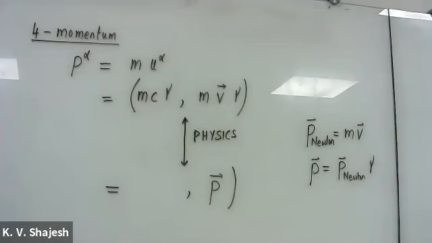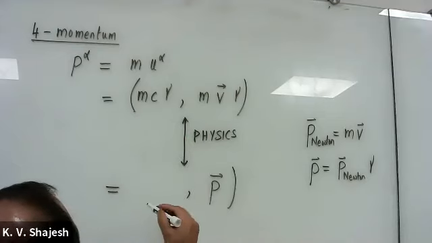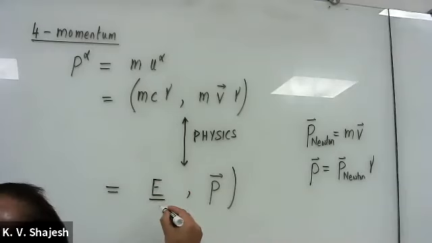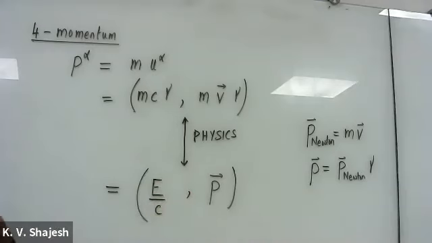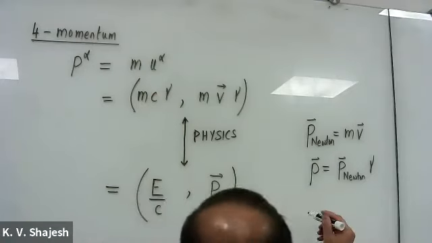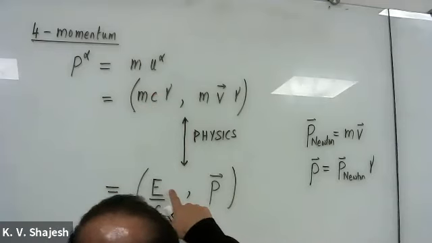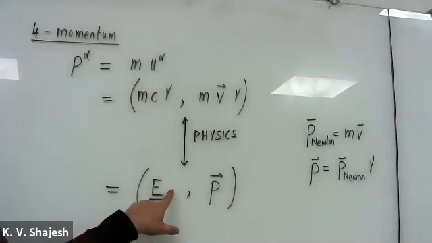What is that going to be? So you would say this is the energy. But then it has to have the right dimension, so I put a c. And this is again not the usual energy. This is not Newtonian energy.